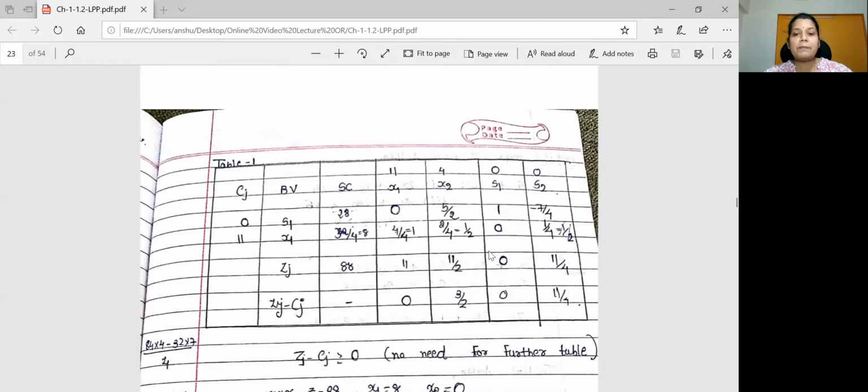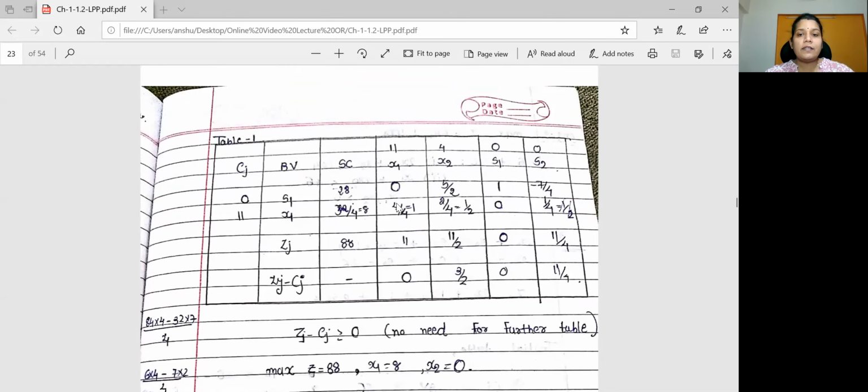So what is our table number 1? Again we write Cj, basic variable, solution constant, x1, x2, s1, s2. On the upper side, we write the coefficients according to our objective function: x1 is 11, x2 is 4, s1 is 0, s2 is 0.